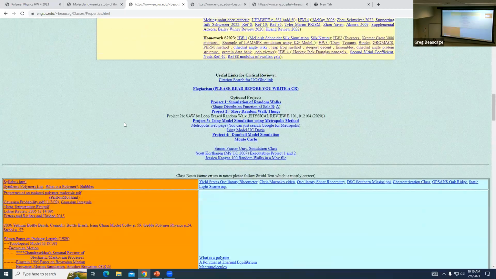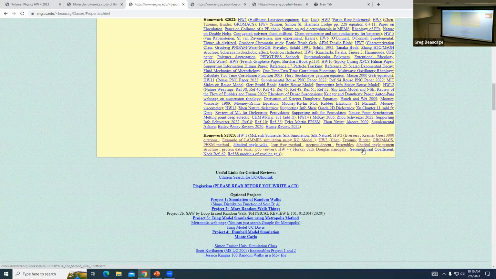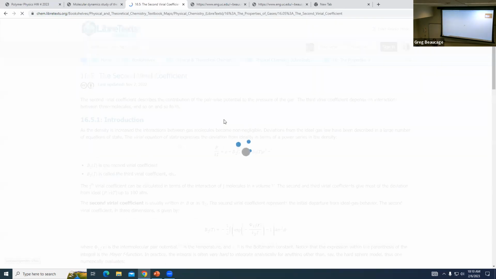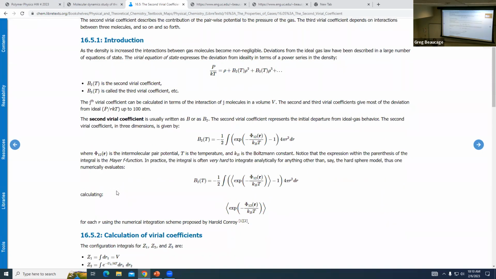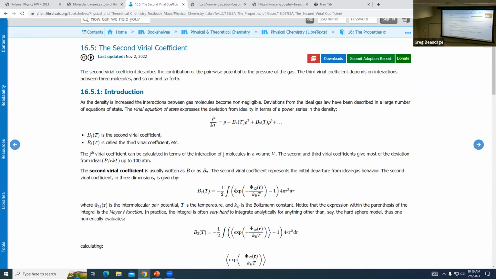So you've got this second virial coefficient. There are other ways to look at the virial coefficient, believe it or not, but this one is an energy. This phi is an energy, the intermolecular pair potentials, the energy between the pairs, kind of the same thing as this small w.